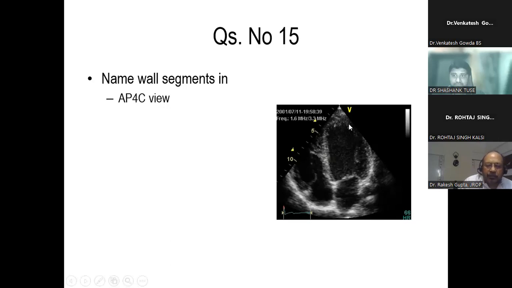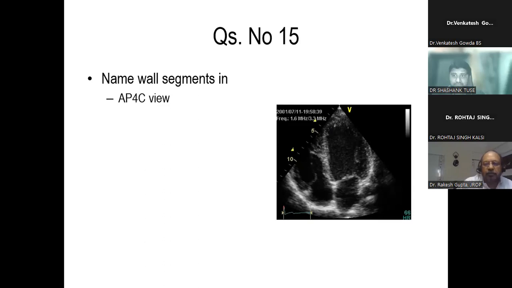Apical lateral wall, then mid anterolateral wall, and basal anterolateral wall. Okay. So what is the supply of this apical inferior wall, apical septum? So for apical, it is, one second.